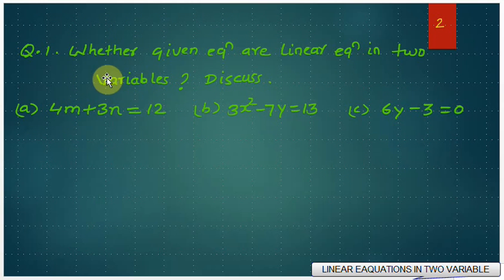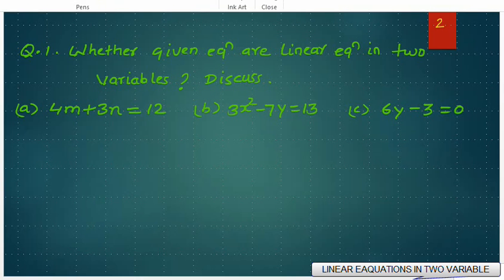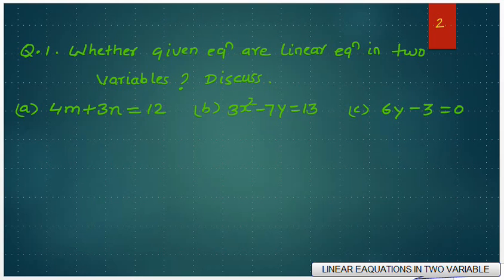Question 1. Check whether the given equations are linear equations in two variables. We have already discussed the definition of a linear equation in two variables. Now we have to check whether the equation is a linear equation in two variables or not. We have discussed two conditions.